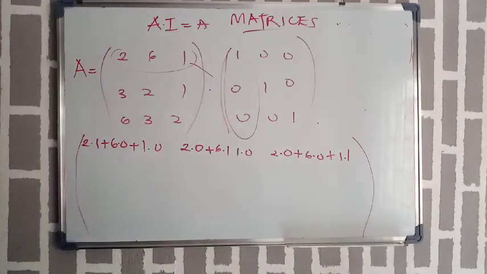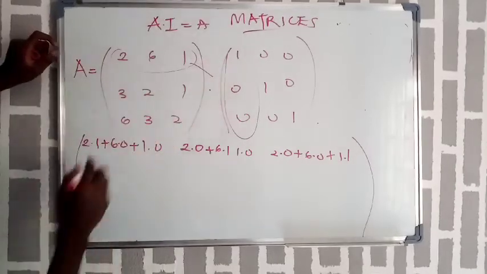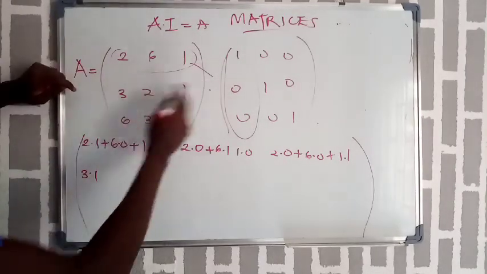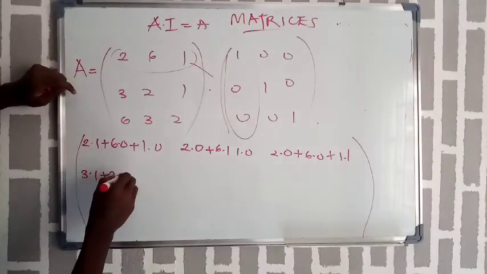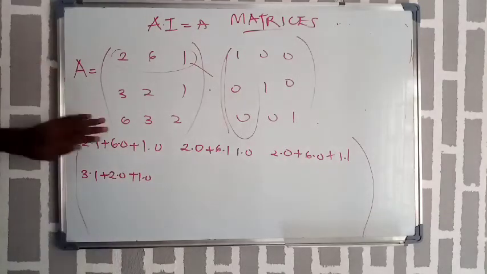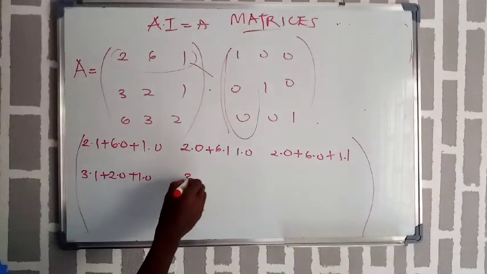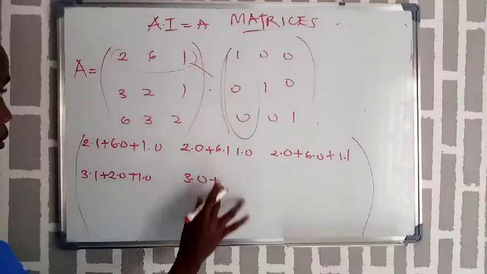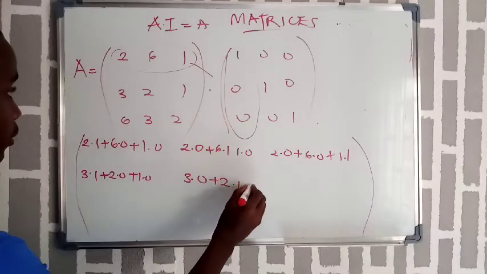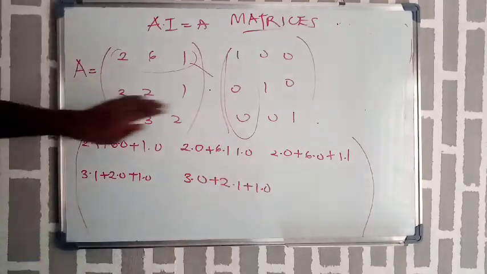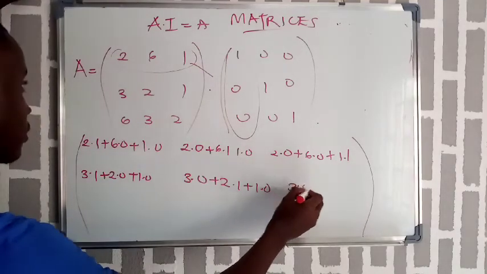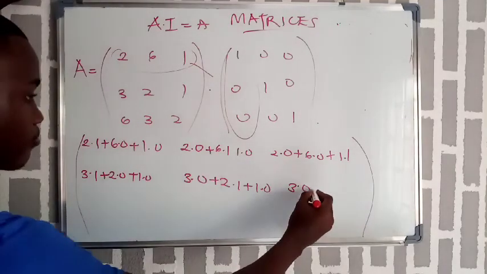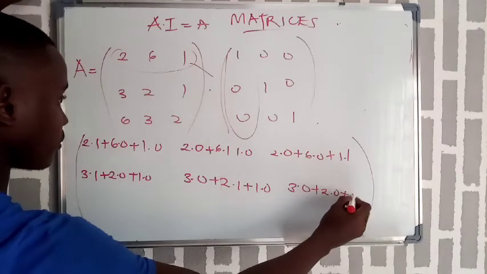Let's go for the second column. Second column is 3.1 plus 2.0 plus 1.0. Then 3.0 plus 1 plus 2.1 plus 1.0. Third one, 3.0 plus 2.0 plus 1.1.